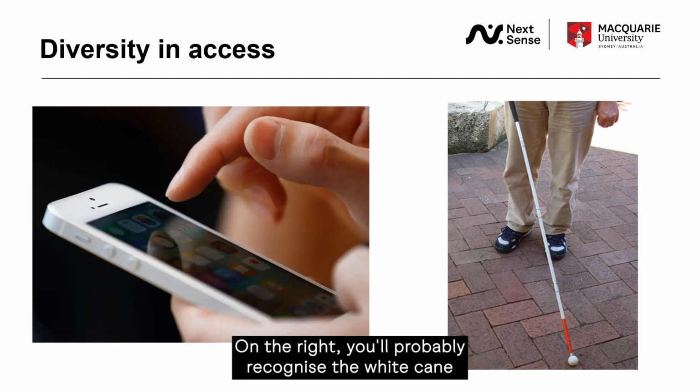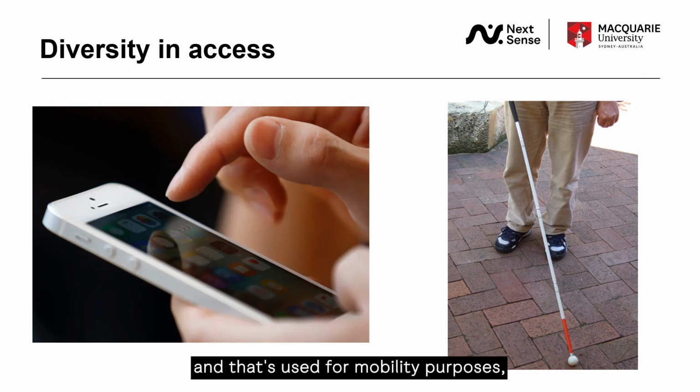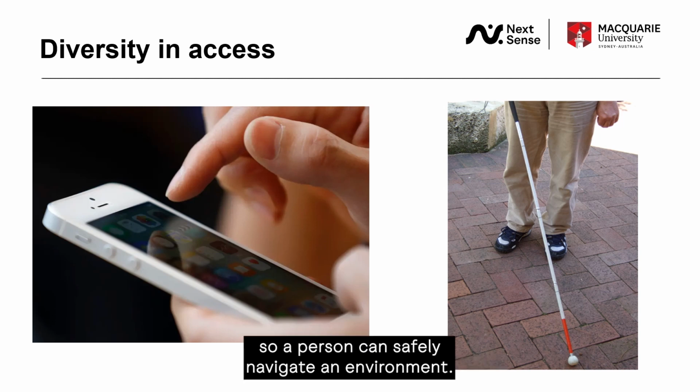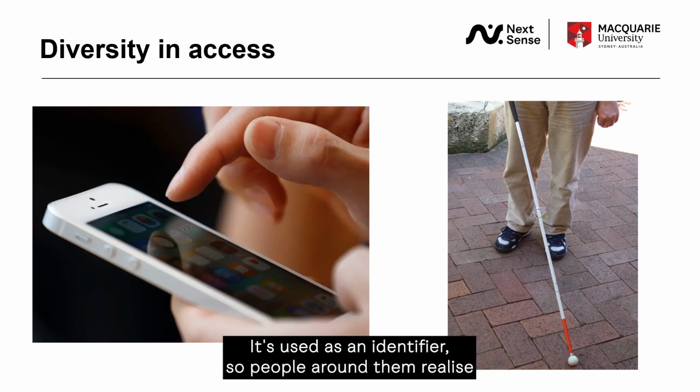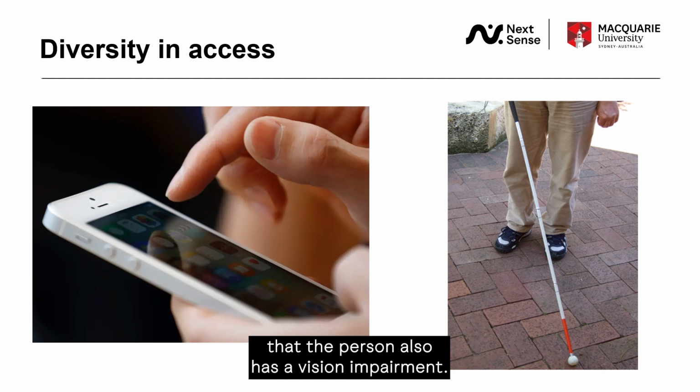On the right, you'll probably recognize the white cane, and that's used for mobility purposes, so a person can safely navigate an environment. It's used as an identifier, so people around them realize that the person also has a vision impairment.